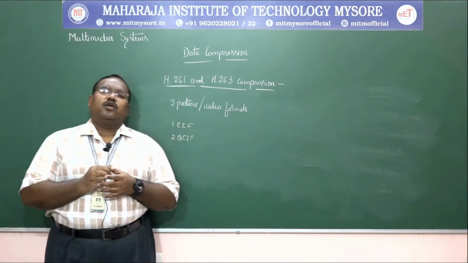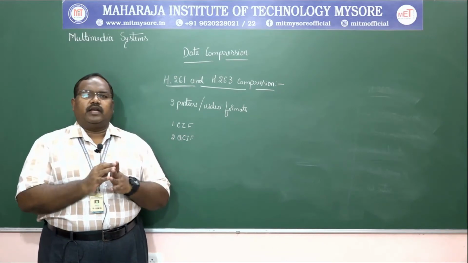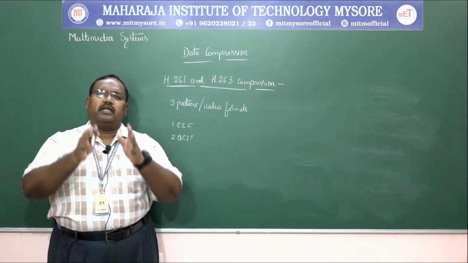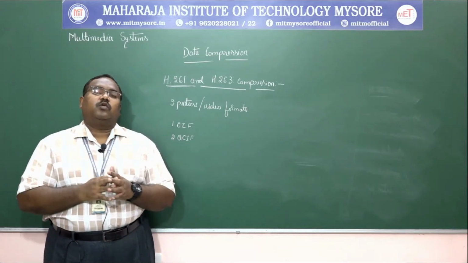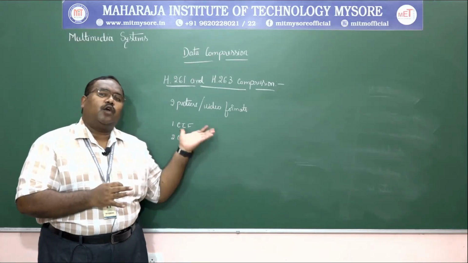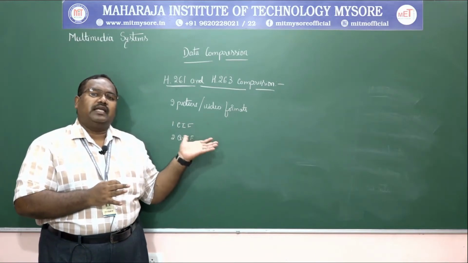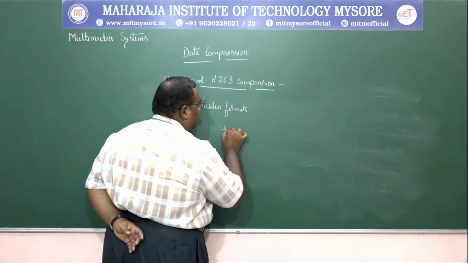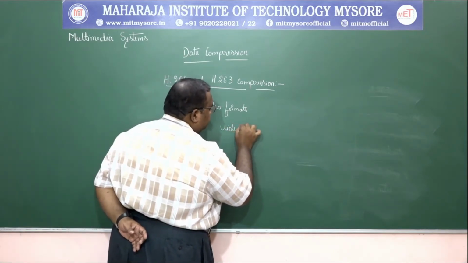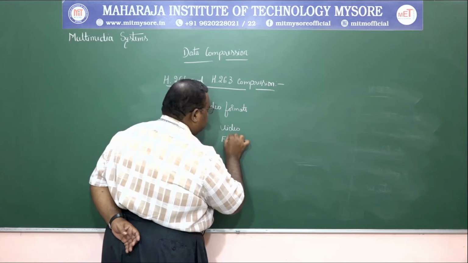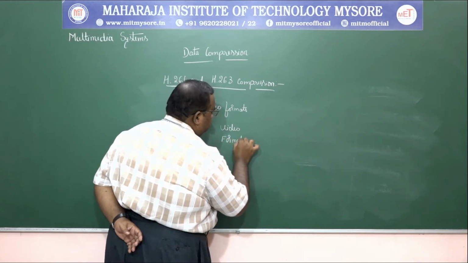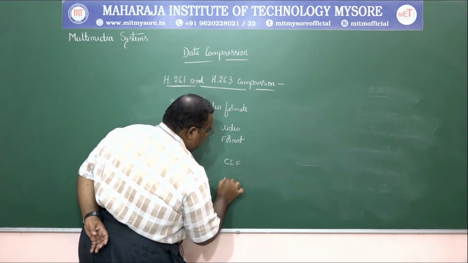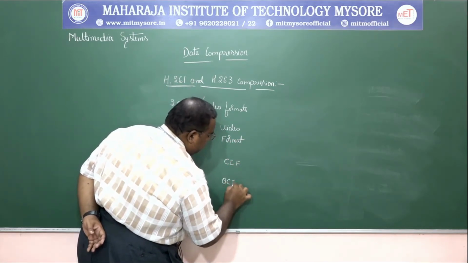CIF stands for Common Intermediate Format, whereas QCIF stands for Quarter Common Intermediate Format. So how do we analyze these two? We can analyze them with this chart. The first one is the video format. Here we have CIF and next we have QCIF.